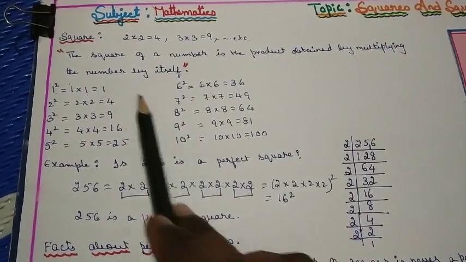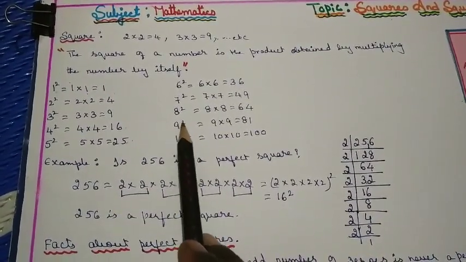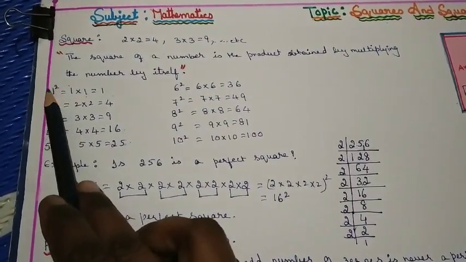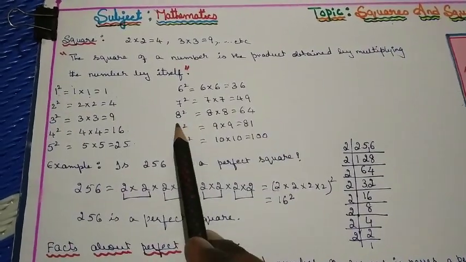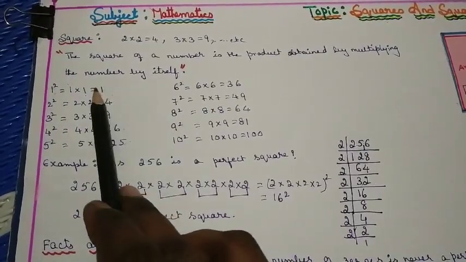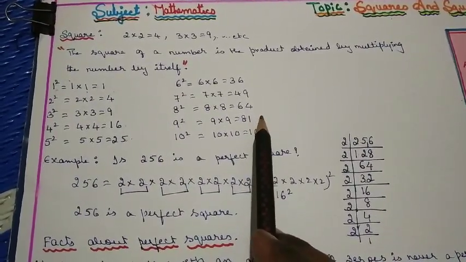Then 1 with 9. You can compare with 9. 9 square is nothing but 81. So here in the ones place we have 1. And here in the ones place we have 9. Both end with the digit 1 in the units place of the perfect square.